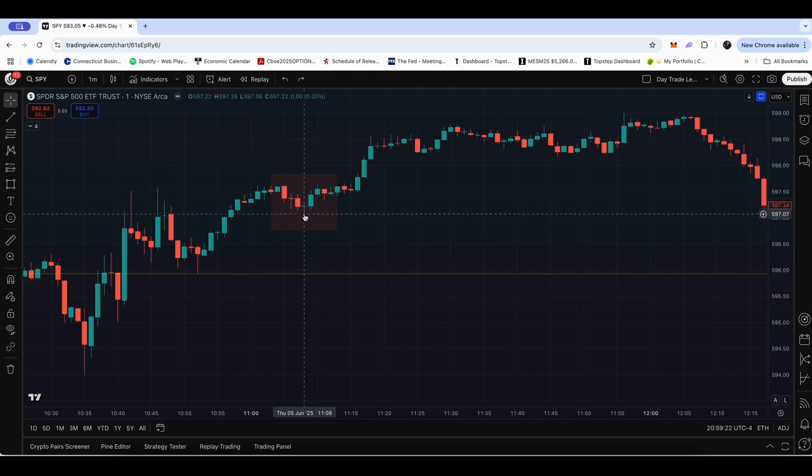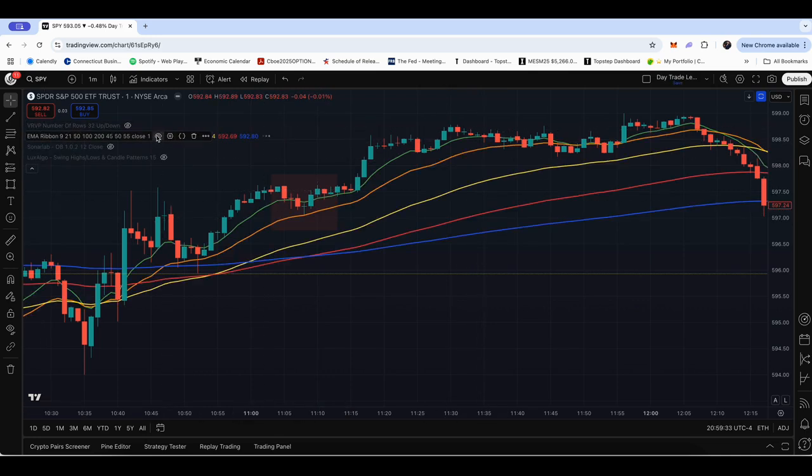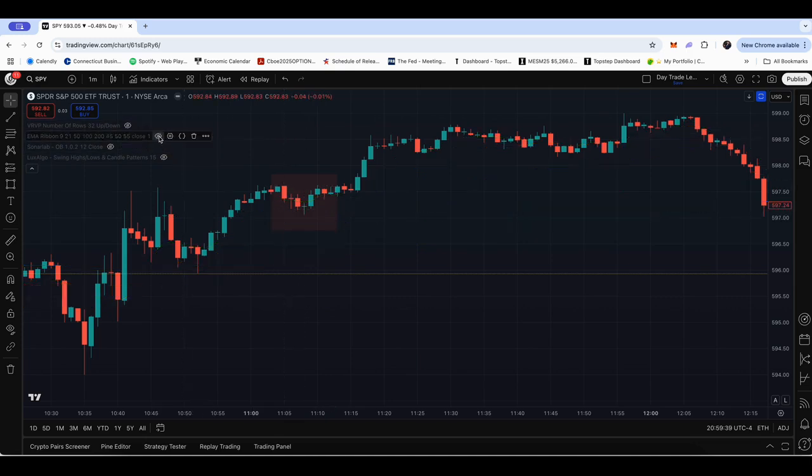We've got a dragonfly doji to the bottom, tiny body, wick to either side, almost looks like a spinning top, and then price reversed. Now, I don't have any other indicators like EMAs or price levels on, but you can see right here, it wicked off the 21 EMA. So that actually would have been a pretty good indicator for that doji reversal. So that's a doji reversal, great example right there.